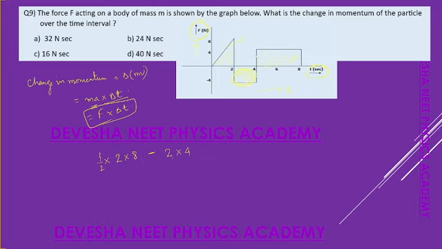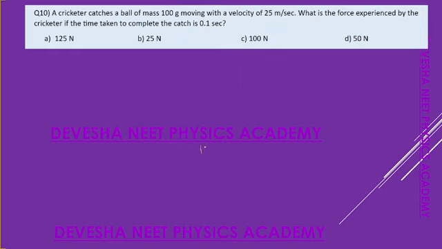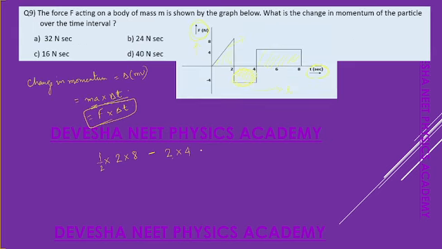Okay. Now the next one is a rectangle, right? So what is the area of this? Horizontally it is 4, and vertically also it is 4. So 4 into 4 is 16, right? Plus 4 into 4. Okay. Now this is equal to 8 minus 8 plus 16 plus 16 Newton second. Okay, the answer is 16.